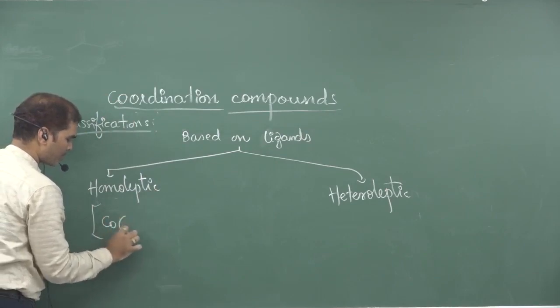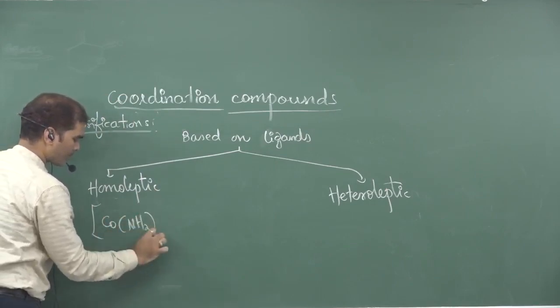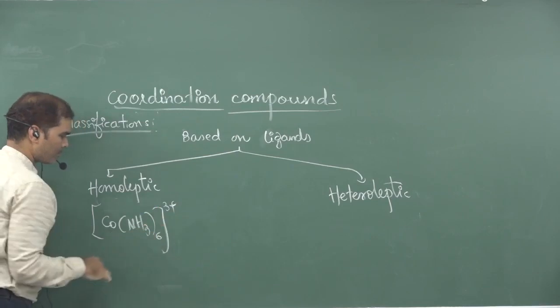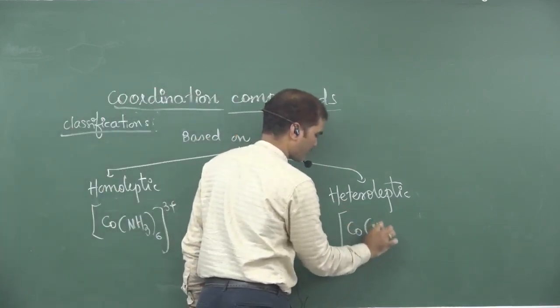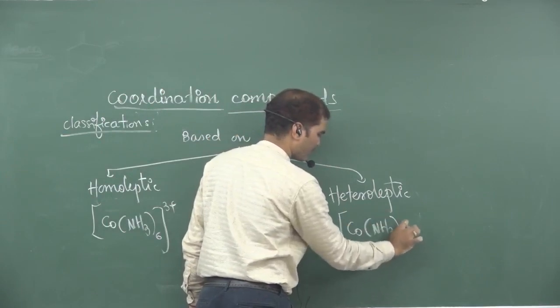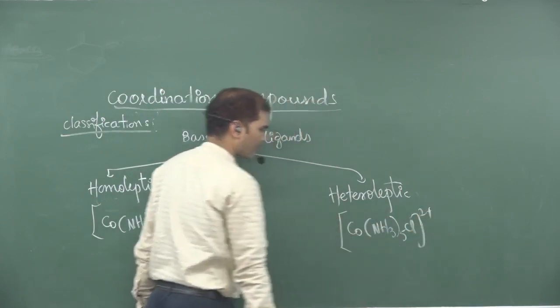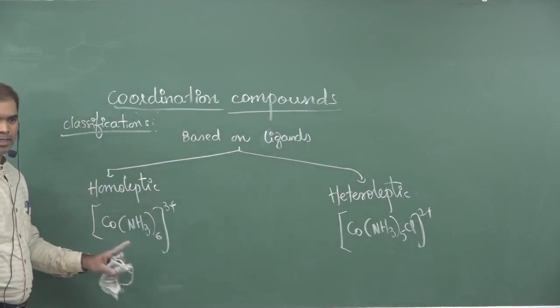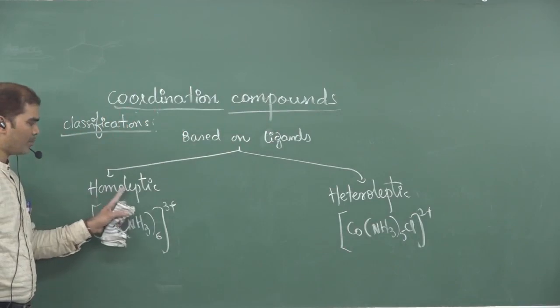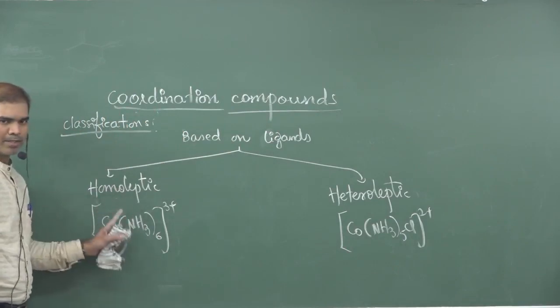Homoleptic means, you can understand with the example. Lepton is related to ligand. If you find all identical ligands in a complex, you call it homoleptic. Homo means all ligands are same.